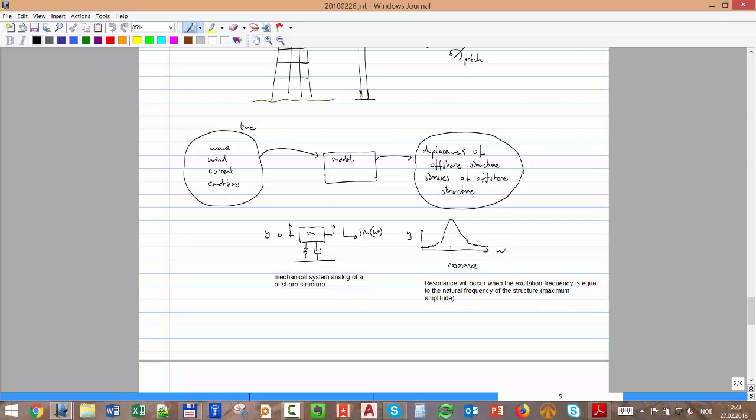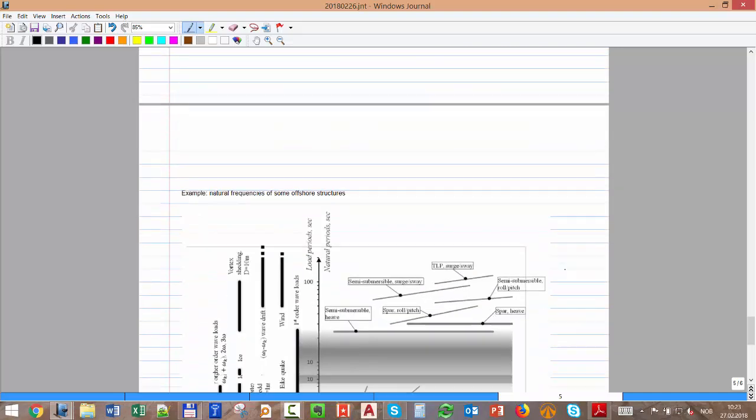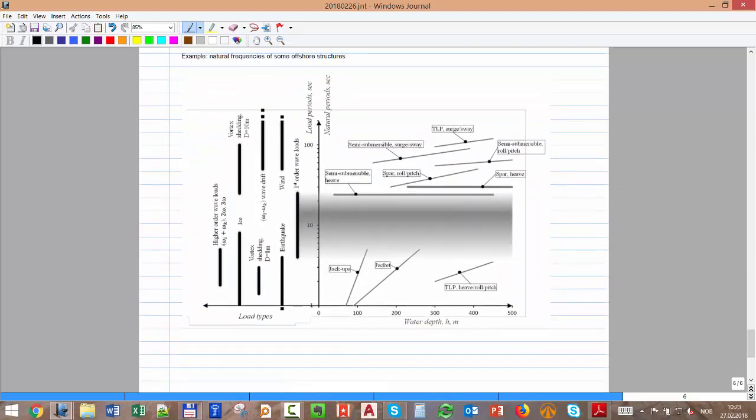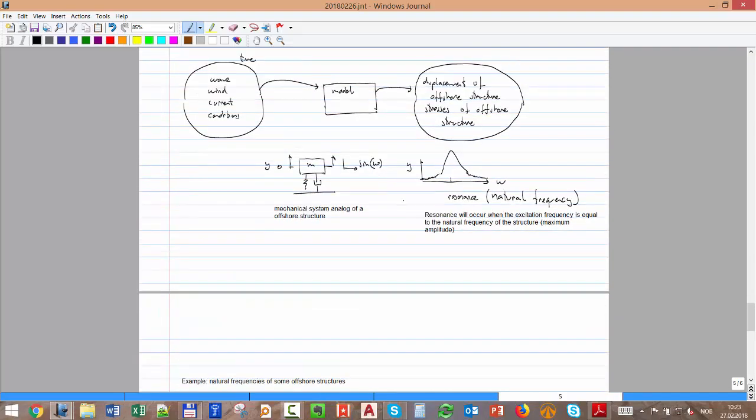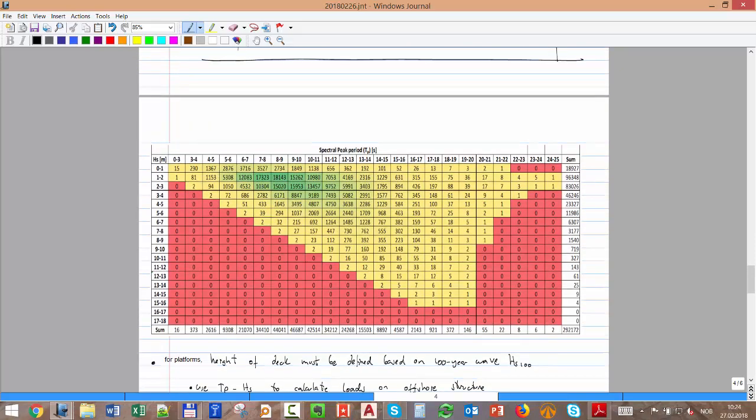Each structure has a natural frequency, and here we have some examples. If you're in an area where most of your waves are going to be in that frequency, then you have to stay away from it.